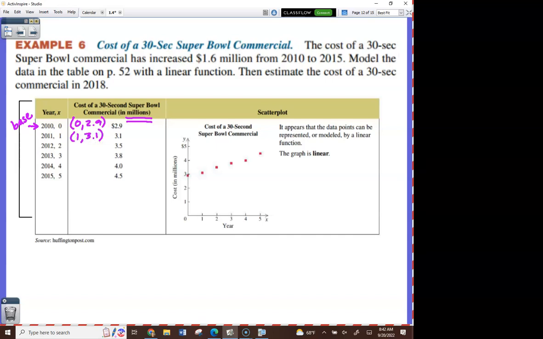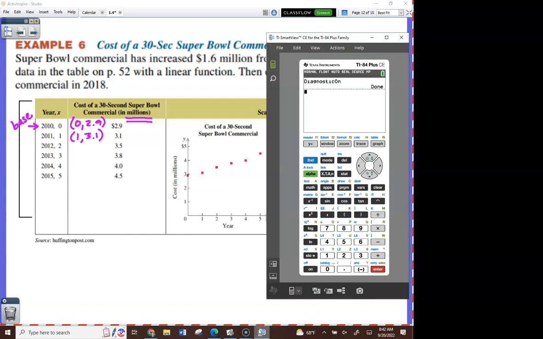Those are your points. That's what we're going to enter in what's called your list of x and y values. So instead of entering the equation and getting a list, we're entering the list, and we're going to tell the calculator to tell me the equation. Do you see the difference?